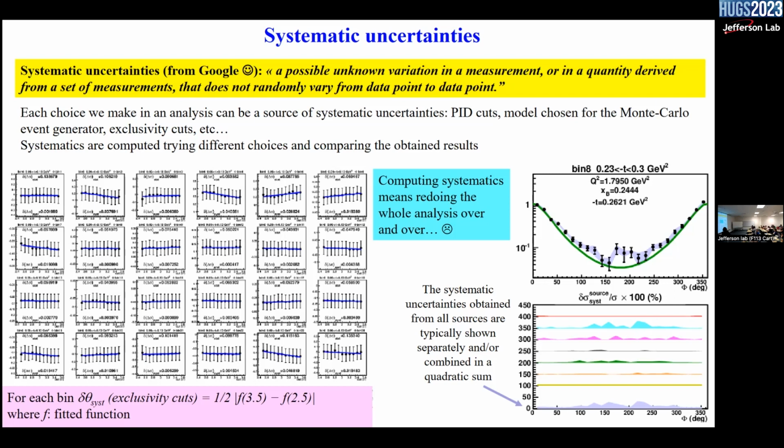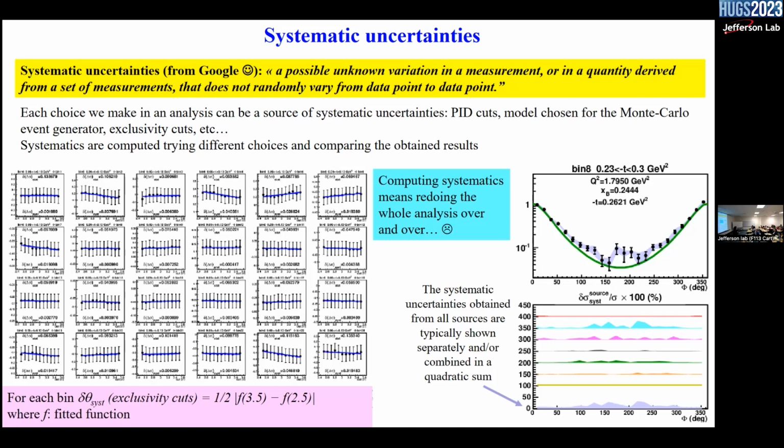So you have to redo all your analysis 10 times for each variation. After that, you fit it with a straight line and you take half of the last-to-first bin variation, and then you take that difference as your systematic uncertainty. And this you do for each of the decisions that you made before.